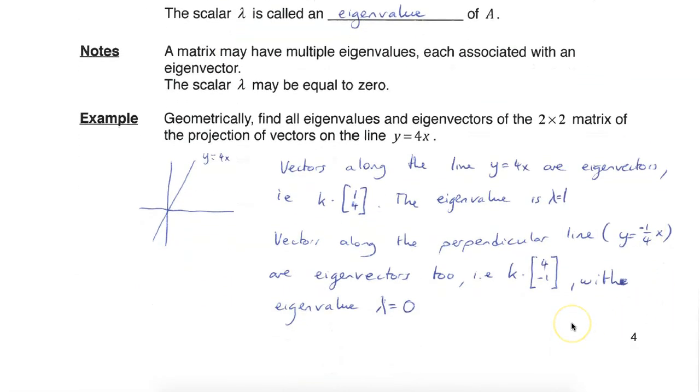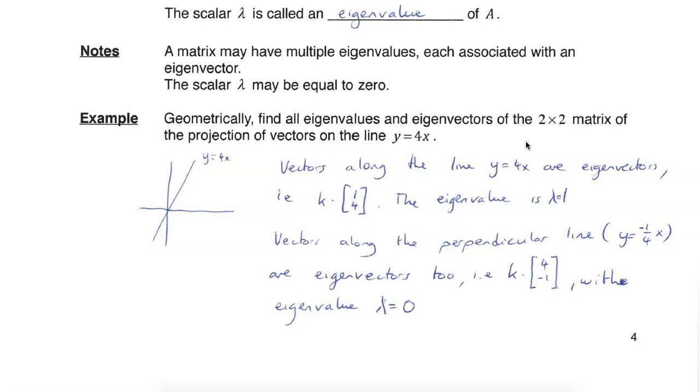So a geometric example first. If we have a projection, we imagine that T is the transformation that projects all vectors perpendicular on the line y equals 4x. Then what are our eigenvectors? Again, eigenvectors are vectors that are not changed in direction after the transformation.